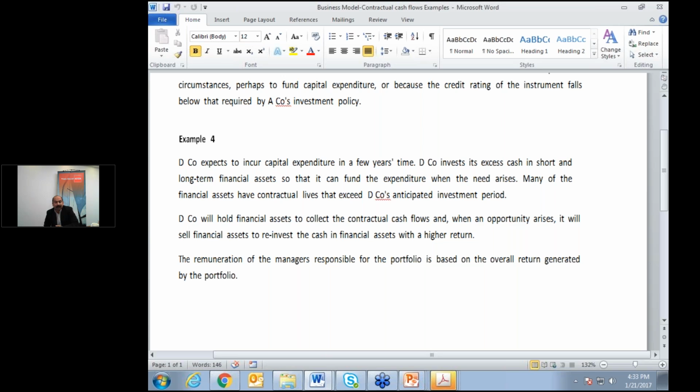In other words, both are integral to achieving the business model's objective. So in such situations, we learned that such instruments must be subsequently measured at fair value through other comprehensive income.